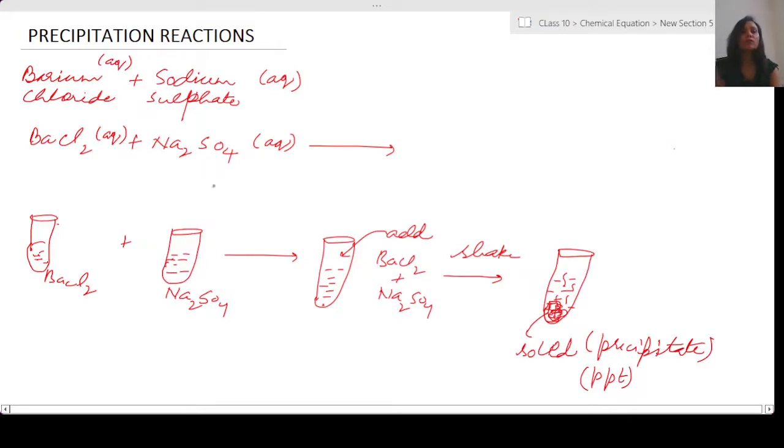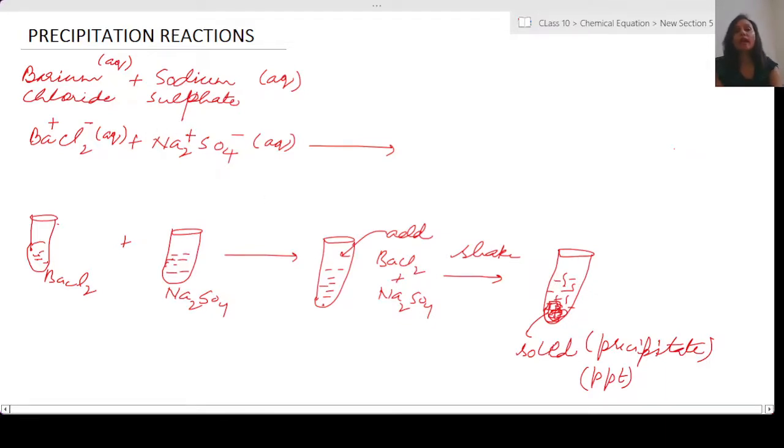Now if you see this chemical equation which I have written here, Ba is a positive ion, Cl is a negative ion, Na is a positive ion, SO4 is a negative ion. So what is a double displacement? In the double displacement reaction, we have understood that there is an exchange of ions.